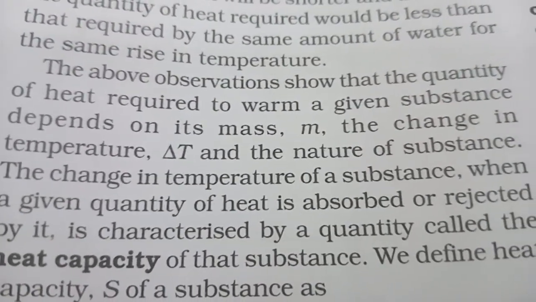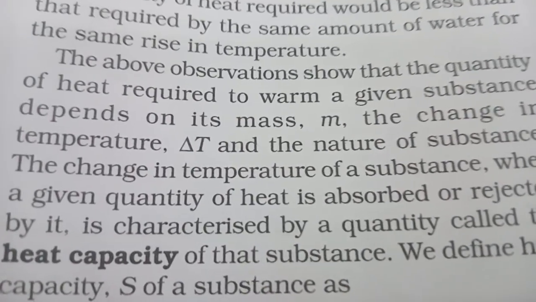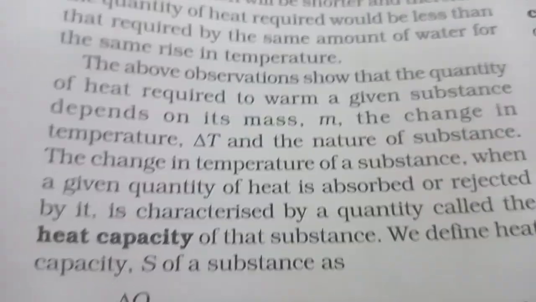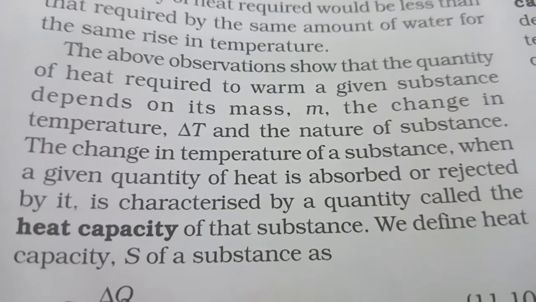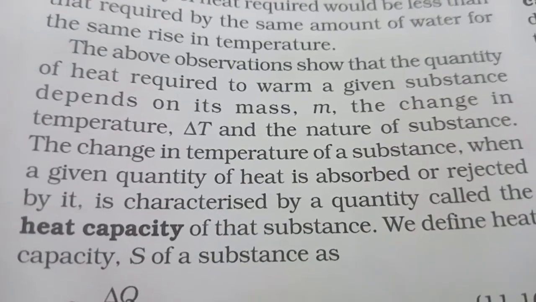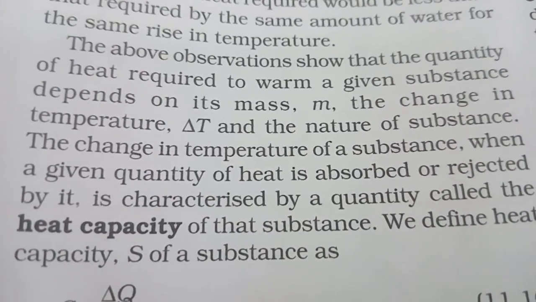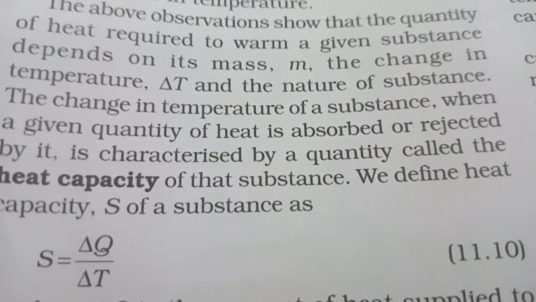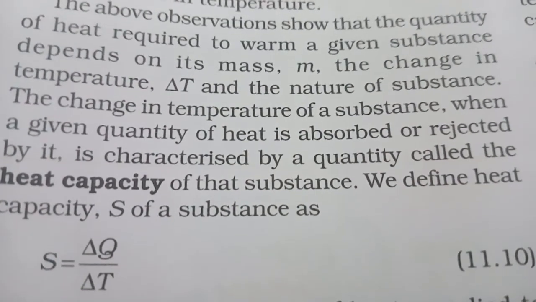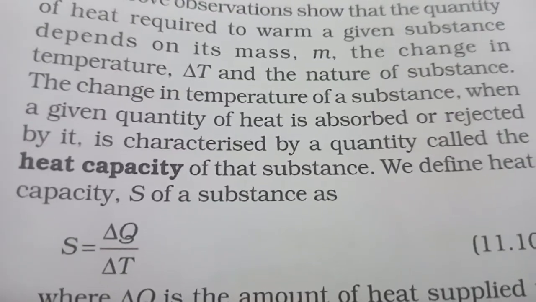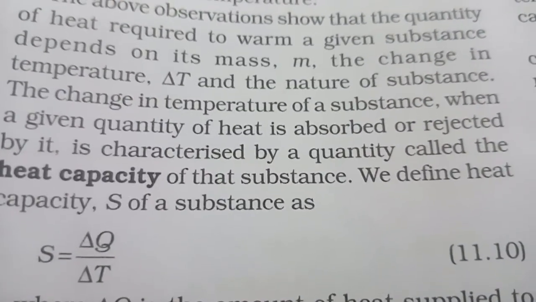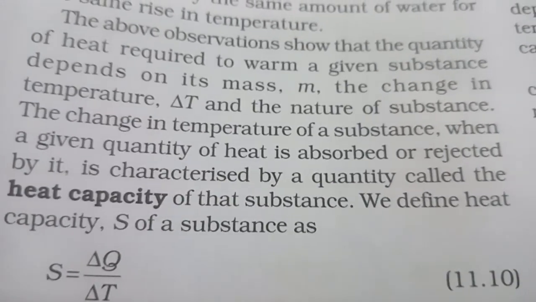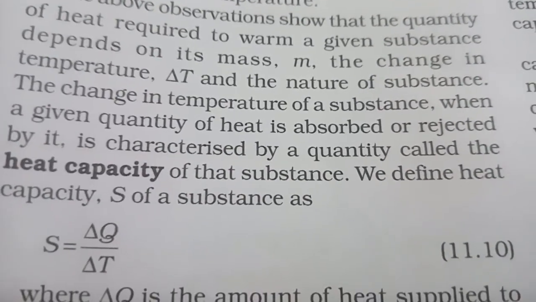The above observations show that the quantity of heat required to warm a given substance depends on its mass m, the change in the temperature delta T, and the nature of the substance. The change in temperature of a substance when a given quantity of heat is absorbed or rejected by it is characterized by a quantity called the heat capacity of that substance.